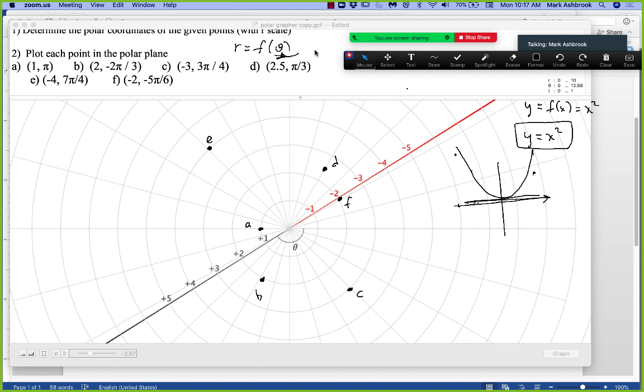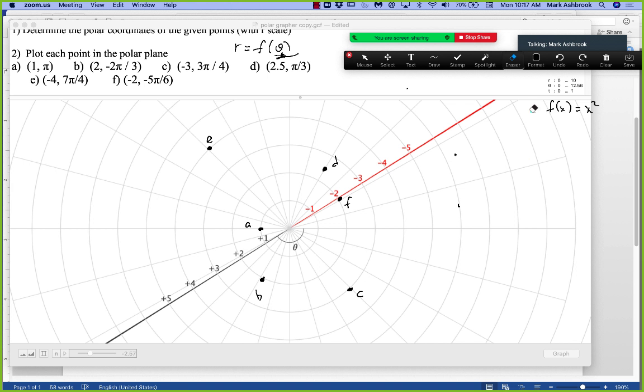But I'm trying to teach you to think in polar coordinates, which you'll have to do when we're graphing the curves. You have to think theta first and then r. Okay, other questions?